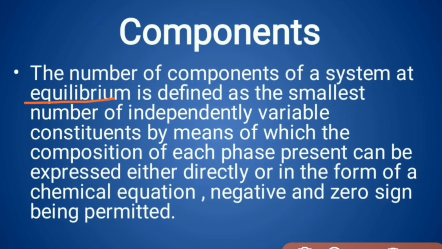The number of components of a system at equilibrium is defined as the smallest number of independently variable constituents by means of which the composition of each phase present can be expressed, either directly or in the form of a chemical equation, with negative and zero signs being permitted. So the smallest number of independently variable constituents will be the components.